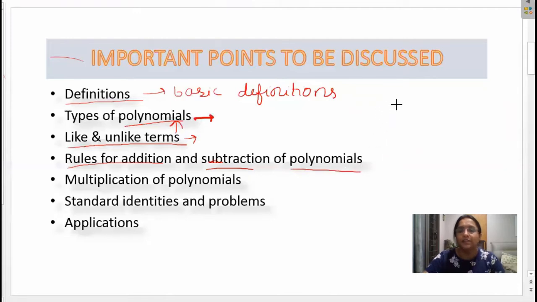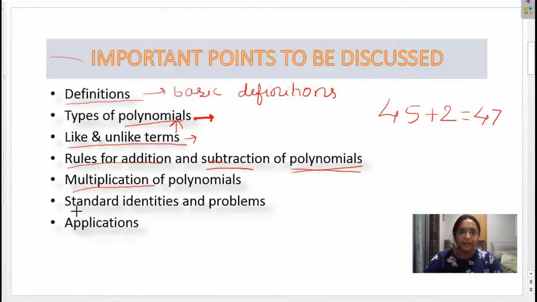We know addition and subtraction of numerals like 45 plus 2 is equal to 47. Here we'll be studying addition and subtraction of polynomials. Then multiplication of polynomials, how to multiply two polynomials. These all will be very interesting.